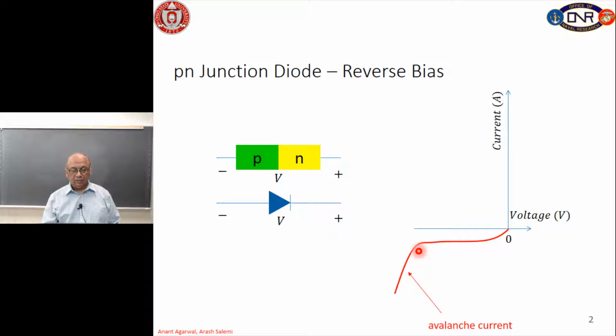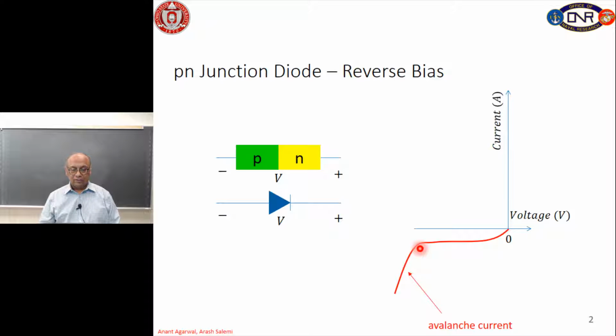A point comes where the reverse current increases very rapidly. In fact, it is much more rapid than is shown here, and this current is called the avalanche current, and the point at which it starts increasing is called the avalanche voltage.